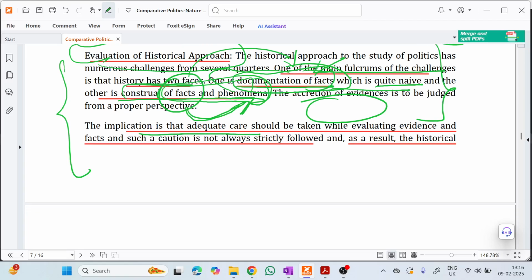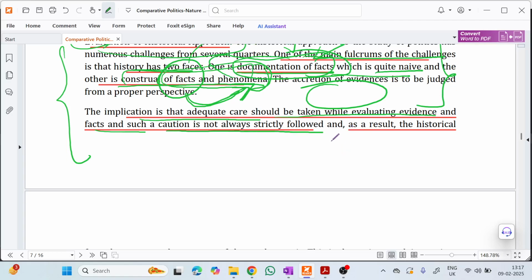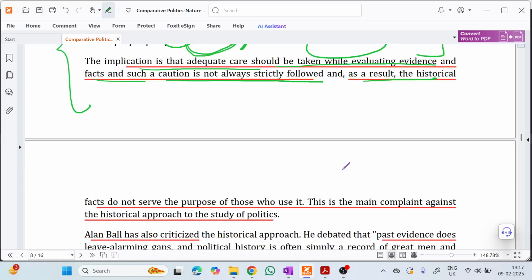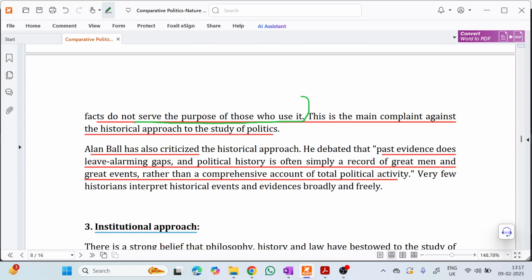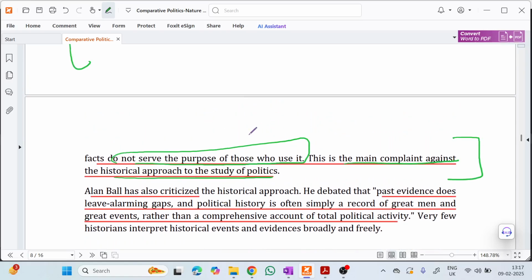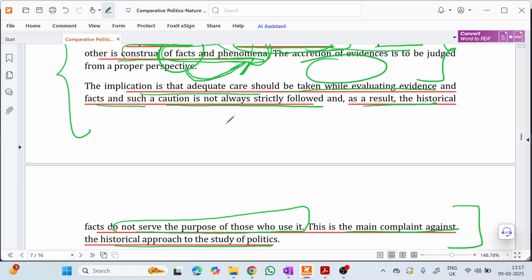The implication is that adequate care should be taken while evaluating evidence and facts, and such caution is not always followed. As a result, the historical facts do not serve the purpose of those who use them. This is the main complaint against the historical approach to the study of politics. The meaning of which, in simplification, is that first, the facts were historical evidences written by someone, and we don't know under what circumstances, under what mental framework.